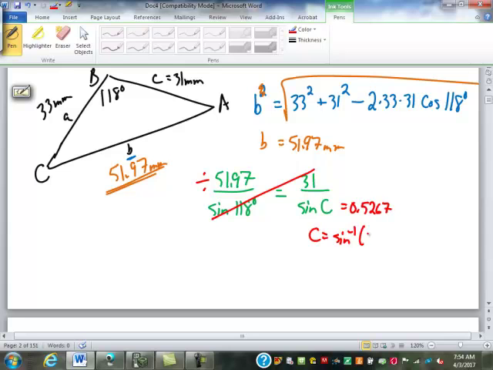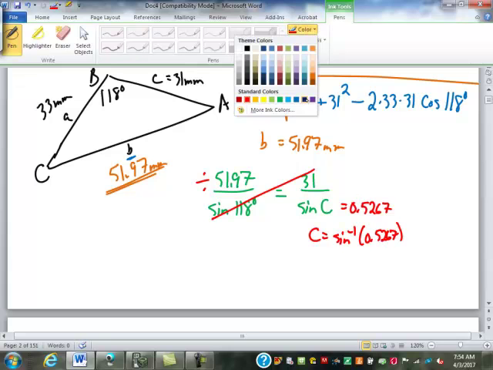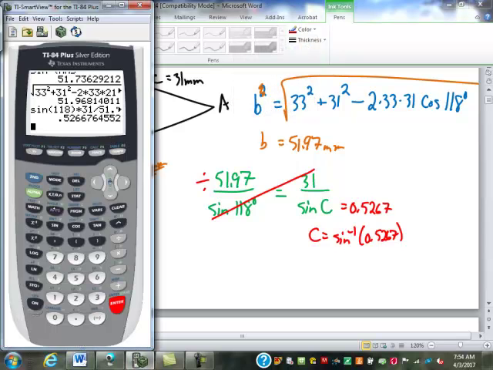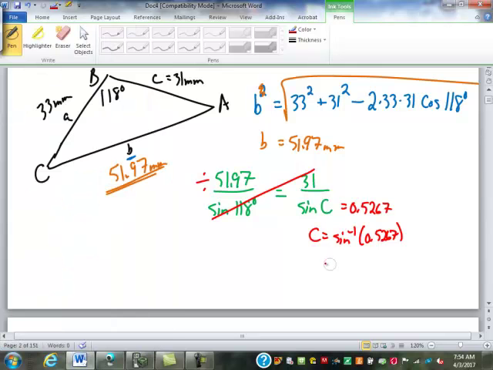So C is the inverse sine of 0.5267. So second sine, second answer: 31.78 degrees.